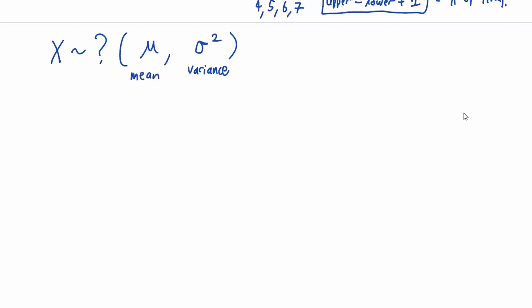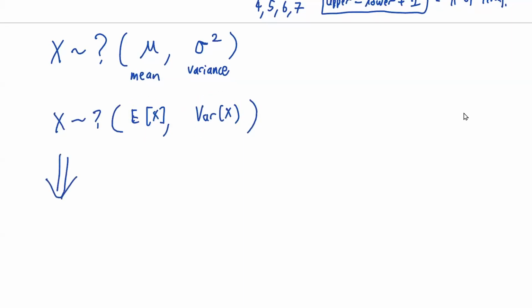It could also be a binomial distribution. Then you will use E of x or var of x notation. They're just different notations for the same thing. Even though we don't know its distribution, as long as we know its mean and variance, we can make a deduction.